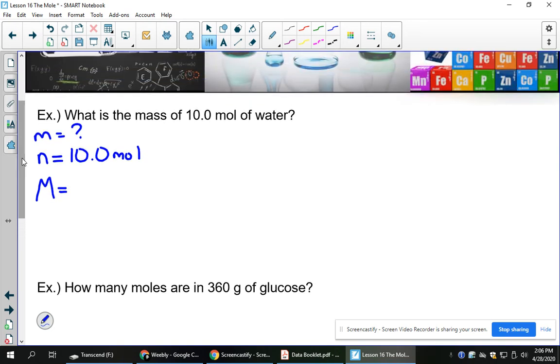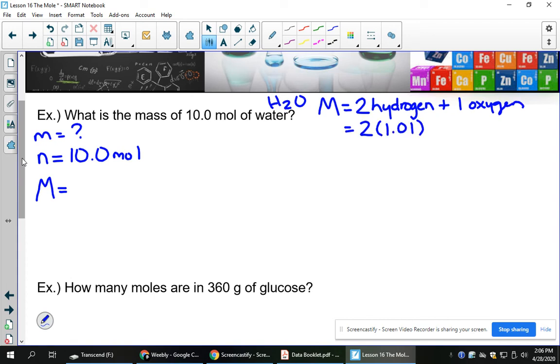So water is H2O. Molar mass would be 2 hydrogens plus 1 oxygen. Hydrogen, I actually have that number memorized, as do I for oxygen, because we use these ones a lot. And here I go, entering it in my calculator.